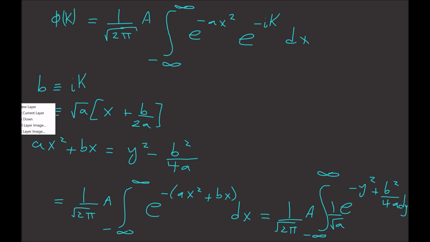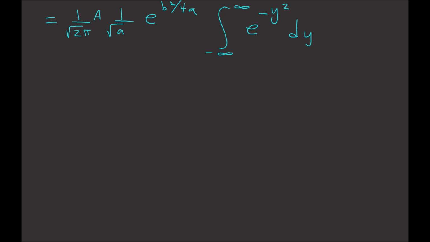Okay, so now we're gonna carry on with the integral. So this is equal to 1 divided by square root of 2 pi times the normalization constant A times 1 divided by square root of a. I'm gonna factor this out, times e to the b squared divided by 4a, this is also a constant, times the integral from negative infinity to infinity of e to the minus y squared dy.